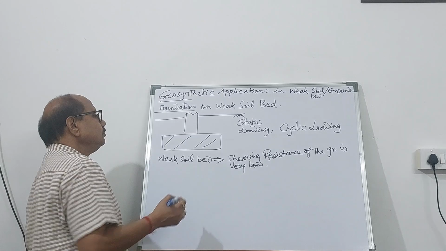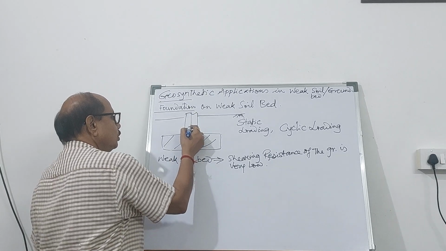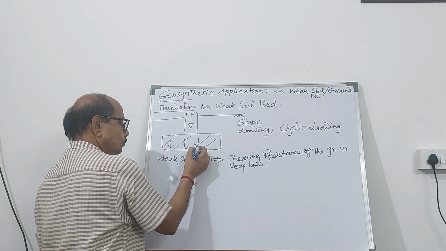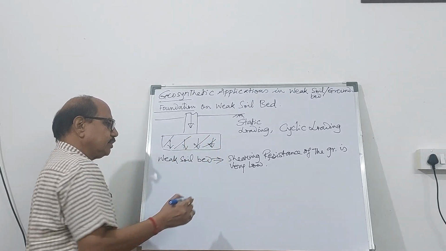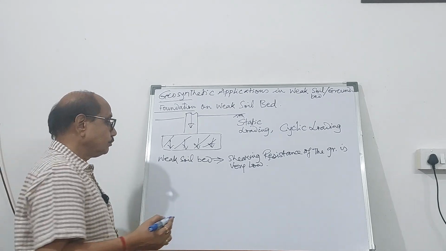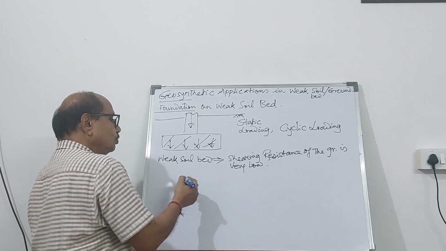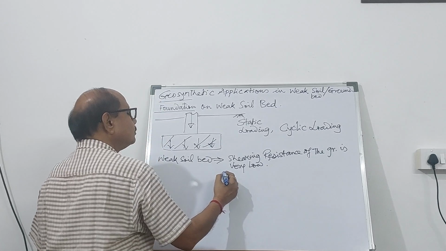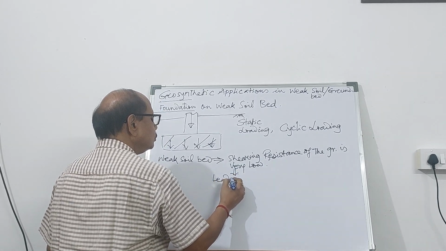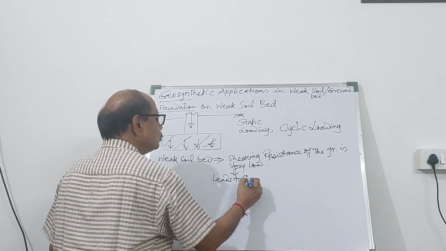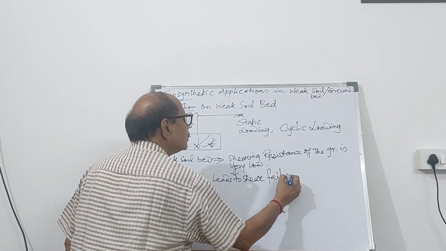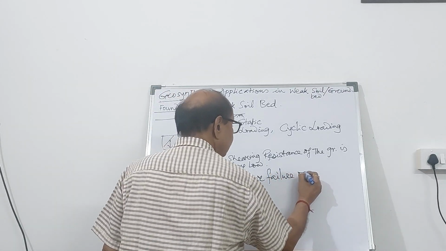So what will happen if you transfer the load through this footing to the weak soil ground? It's going to fail in shear. So it will lead to shear failure of the soil bed.